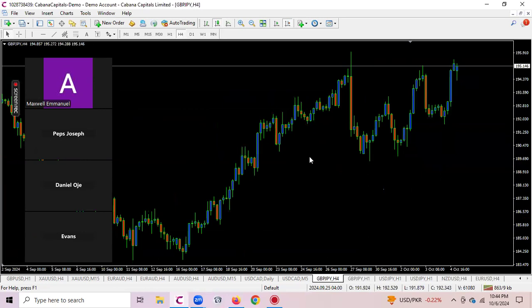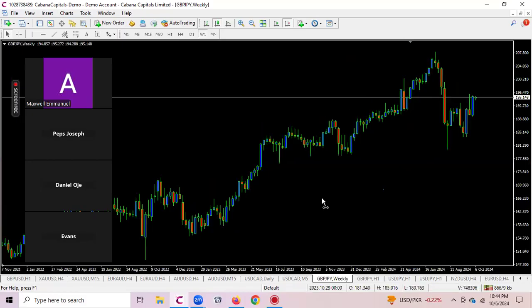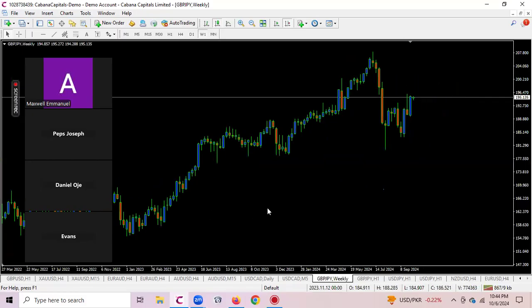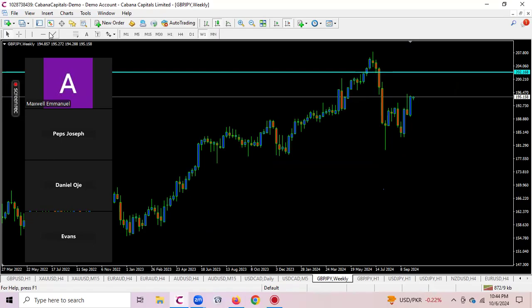GBP JPY is bullish on the weekly time frame.